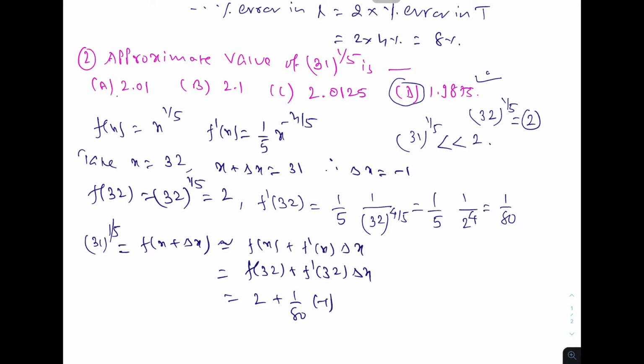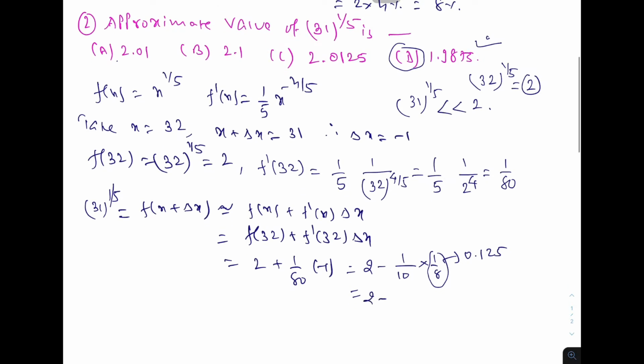So 1 by 80 you can easily find out. So 2 minus 1 upon 10, 1 over 8. 1 over 8 you can easily find out, that value is 0.125. So that is nothing but 2 minus 0.125 by 10, so 0.0125, and so that is nothing but 1.9875. So that is our answer.